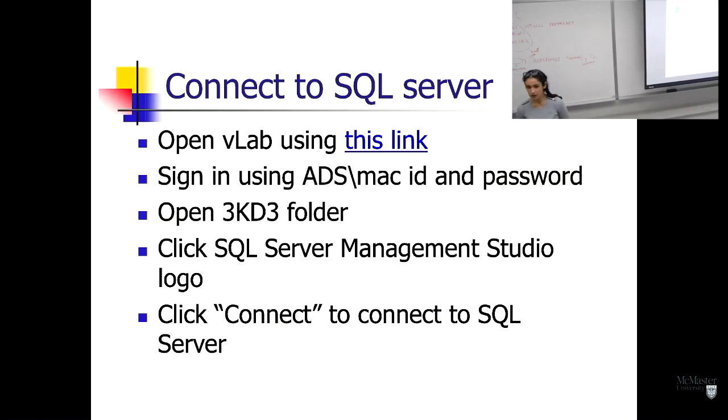Okay, so let's start with connecting to the SQL Server. First, there are 2 Excel files in Avenue to Learn. I would like to ask you to go to Avenue, and under the content for week 5, you will see the SQL databases for section 3.